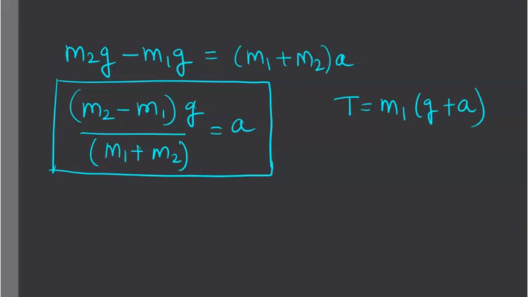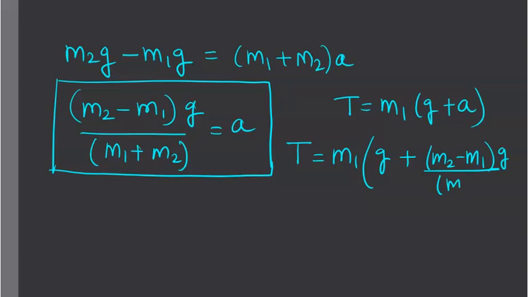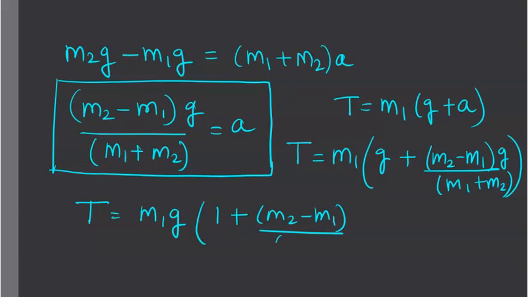So the tension will be equal to m1 times (g plus a), where the value of a is (m2 minus m1) times g divided by (m1 plus m2). I can take g common, so this will be T equals m1g times (1 plus (m2 minus m1) divided by (m1 plus m2)).